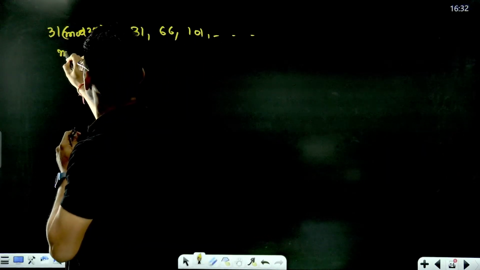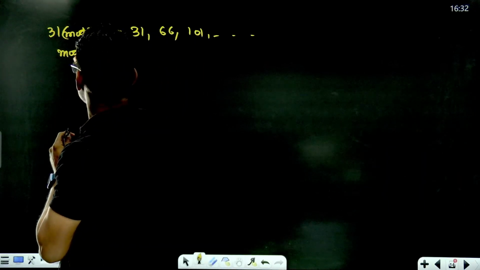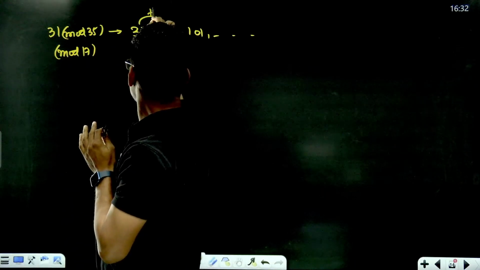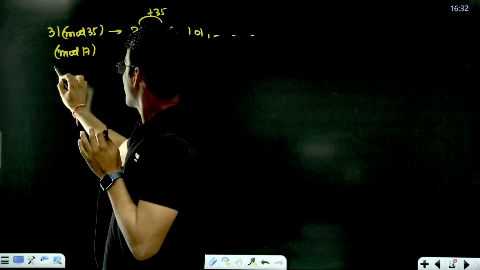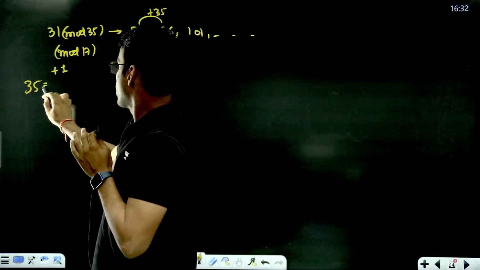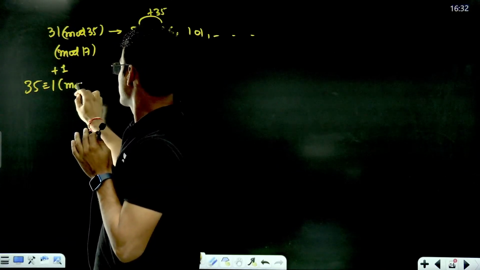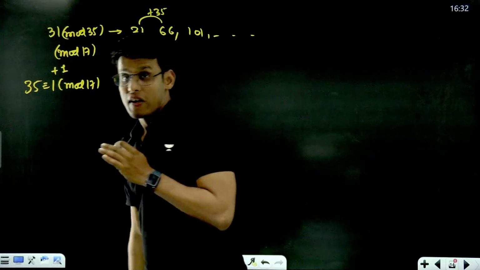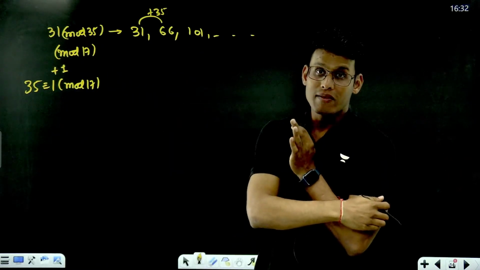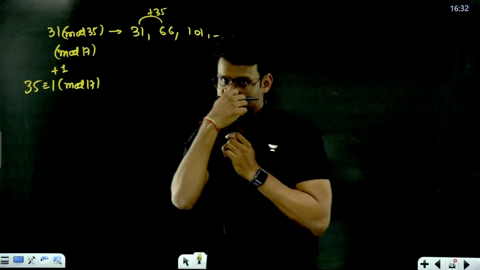Now calculate the remainder. Now adding 30 means actually plus 1, since 35 is congruent to 1 mod 17. So I'm simply adding 1.